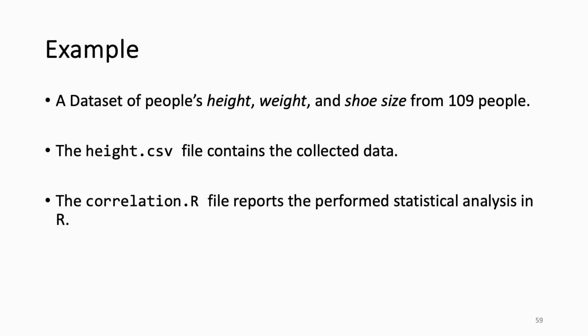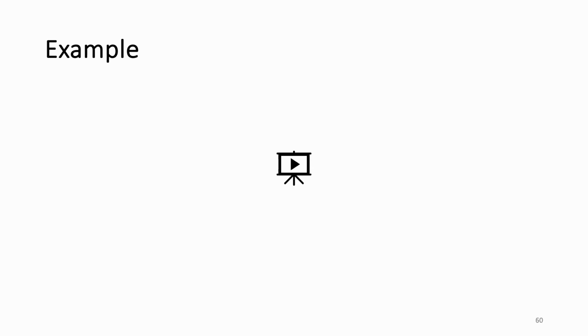And this also reports all the performed statistical analysis to check the correlation between the different variables in our example. So let's see how we can conduct these tests using R. Now you can also pause this video and then run the video where we show the example about the correlation.